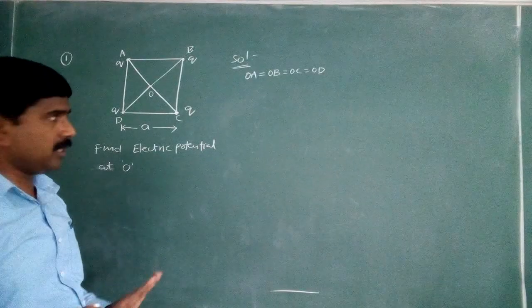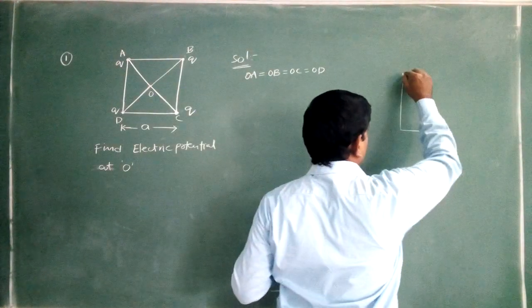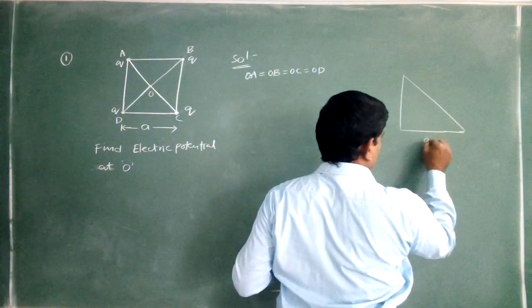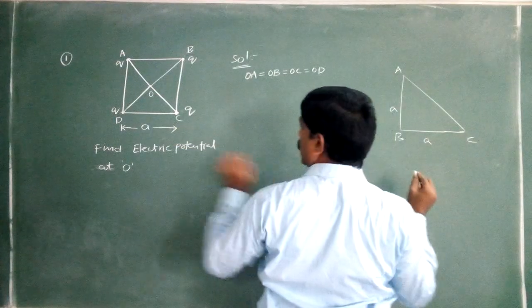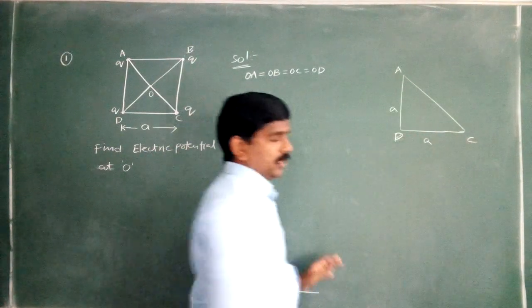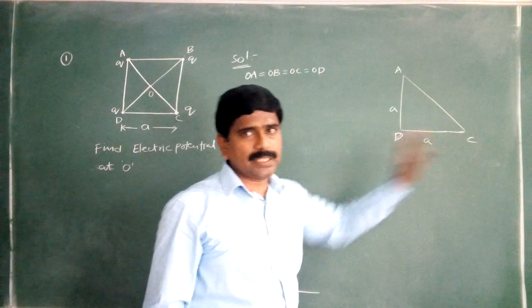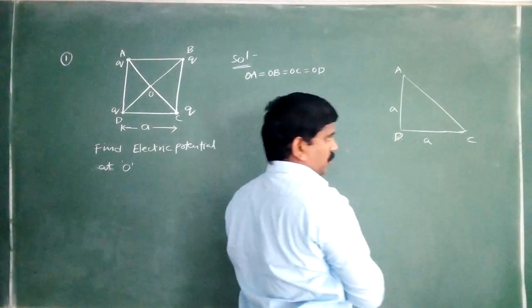How much is that? If you observe this triangle, ABD, ADC, this is a triangle. From this we have to find the hypotenuse.